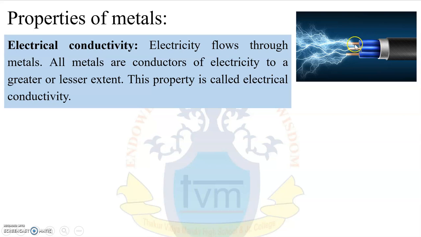You can see over here, these brown colored wires. These are the copper wires. Outside these wires, an insulation is provided so that the person who is holding the wire will not get an electric shock. There are several layers of insulation.